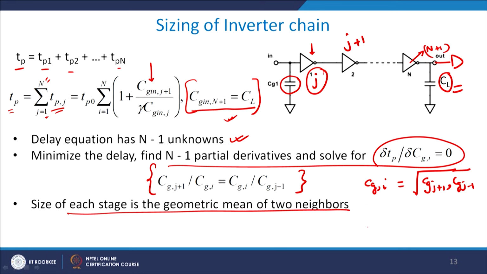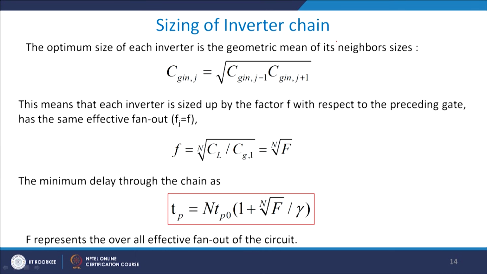That is very, very important. If I have one inverter here, another here, and another here, I need to be very careful that the sizing of the middle one is the geometric mean of the two neighbors. That is what is written as Cg,in j equals the square root of Cg,in (j minus 1) into Cg,in (j plus 1).